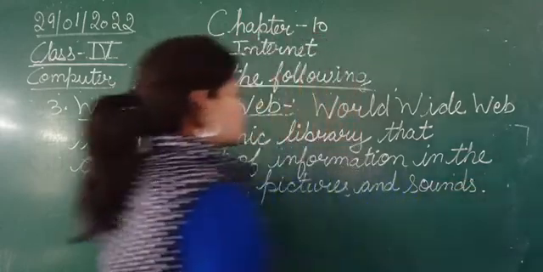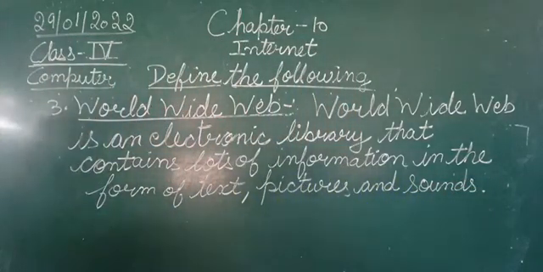So what is World Wide Web? World Wide Web is an electronic library that contains lots of information in the form of text, pictures and sounds. So this is the definition for the World Wide Web.